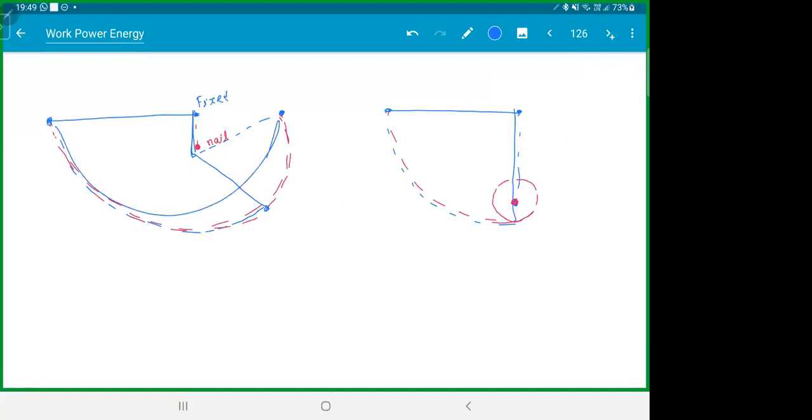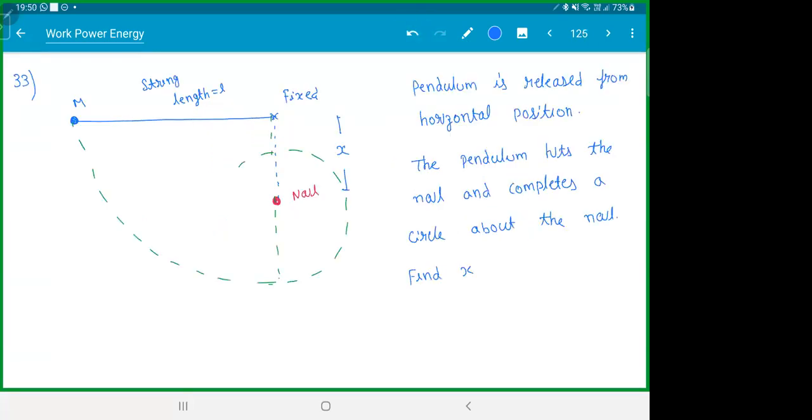It will just swing like this and come back. So you need to keep the nail at a certain lower position so that it will complete like this. It will go around the nail. Clear? The question was find x.